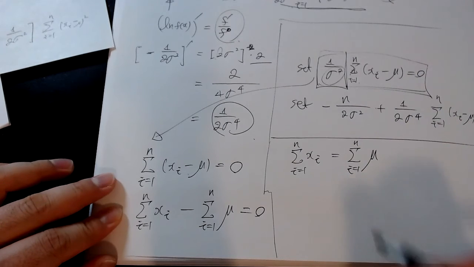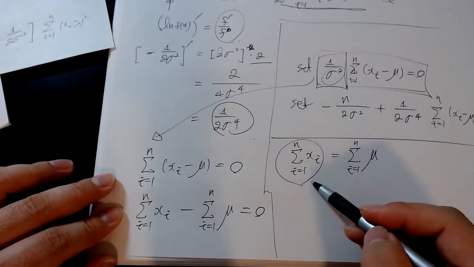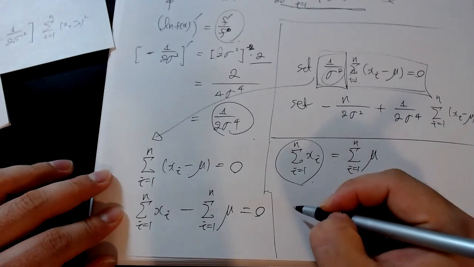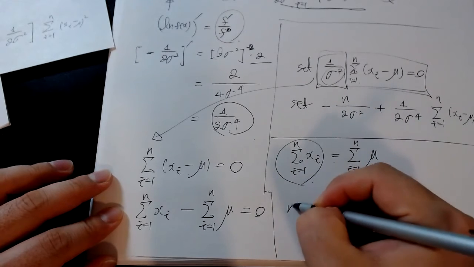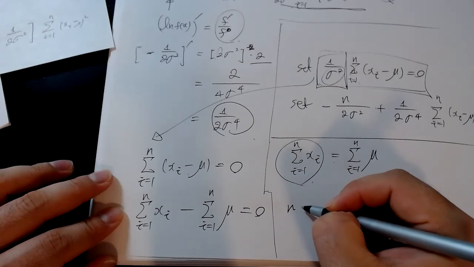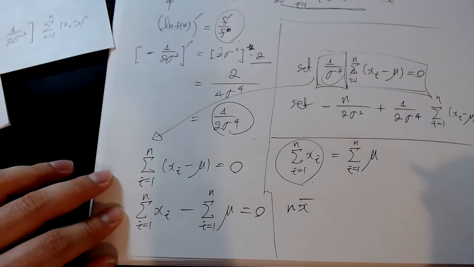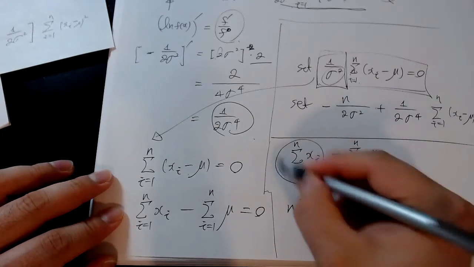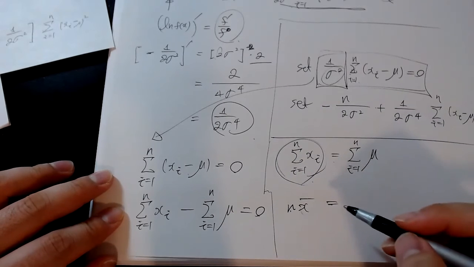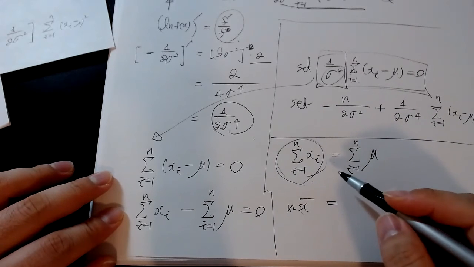Well, we know that the sum of all the sample data is equal to n times x bar, the sample mean, since the sample mean is 1 over n times the summation of the xi.